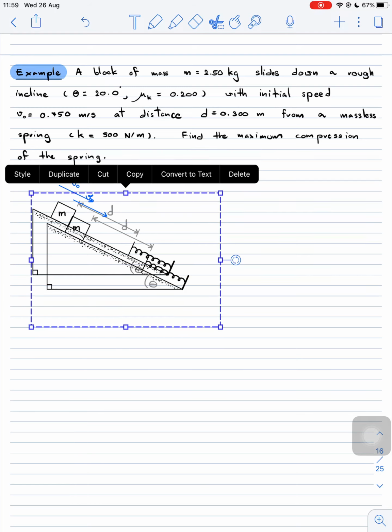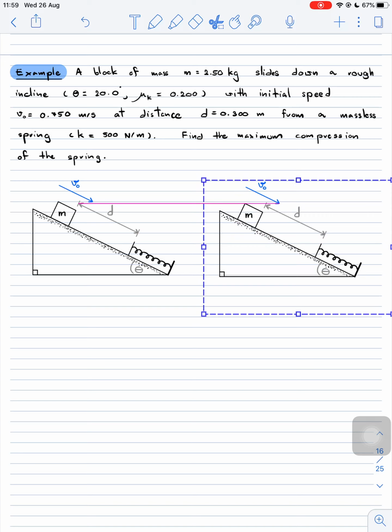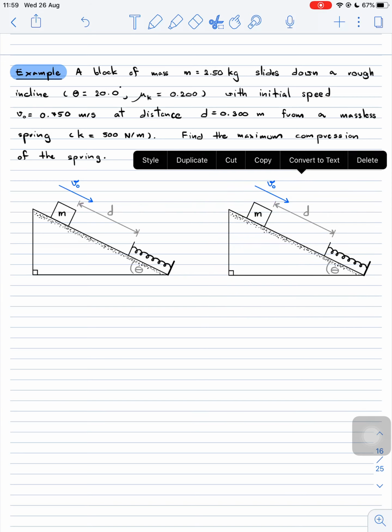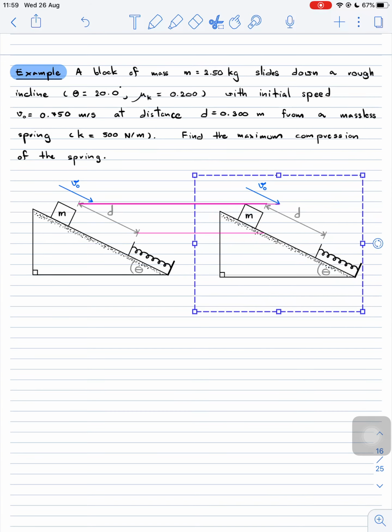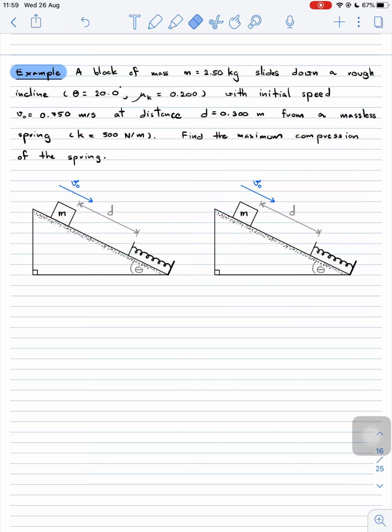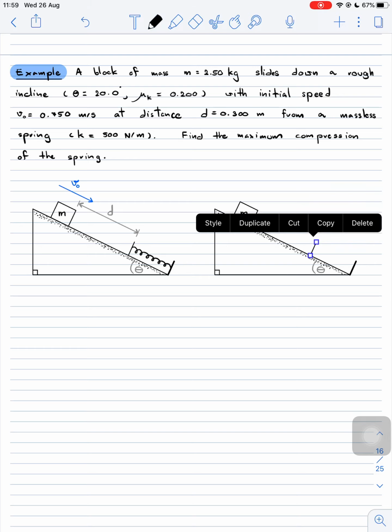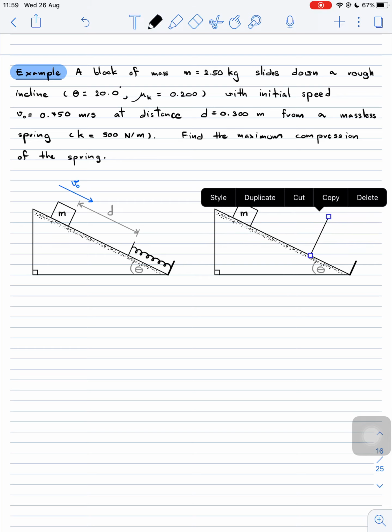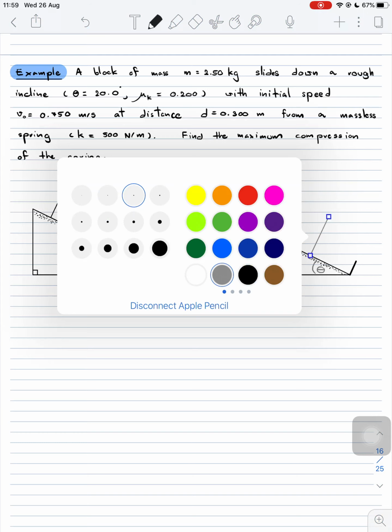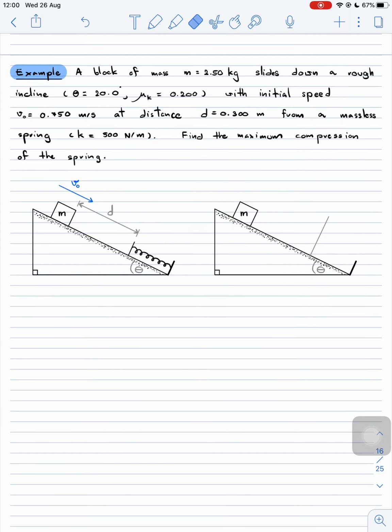Okay, so let's draw the picture first. Now you can see that if the block moves here and then to this position, this one is going to be the equilibrium position of the spring, right?